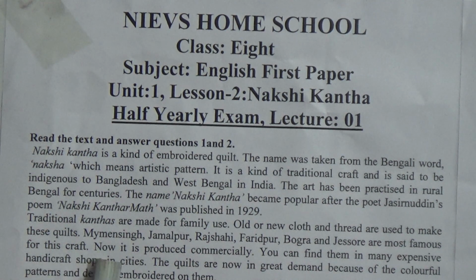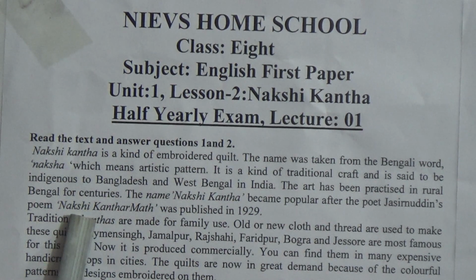Now it is produced commercially. You can find them in many expensive handicraft shops in cities. Expensive means costly. The quilts are now in great demand because of the colorful patterns and designs embroidered on them. Okay? So you know Nokshikata, every person of our country uses this Nokshikata at home.